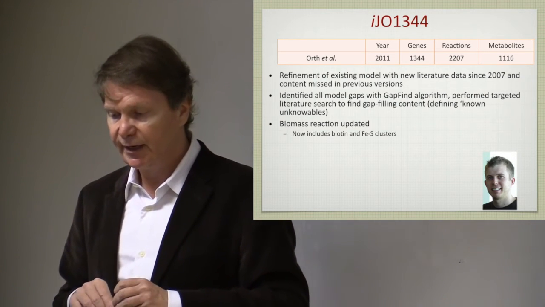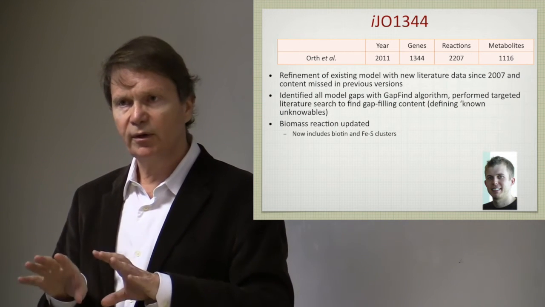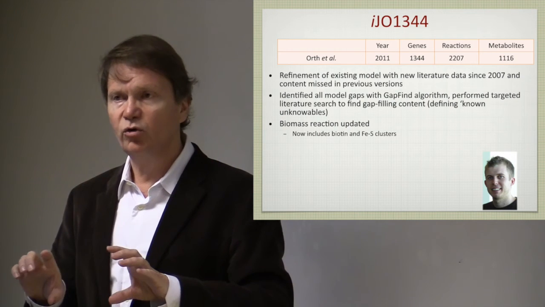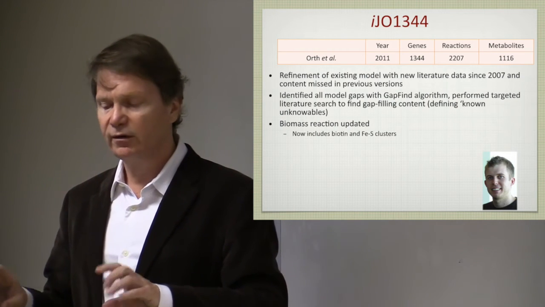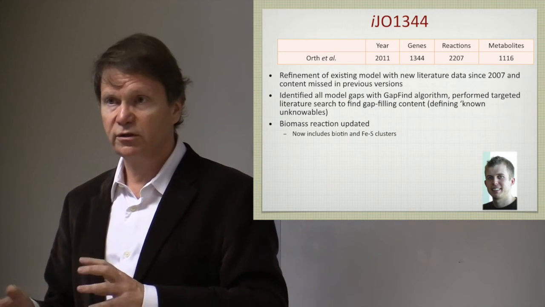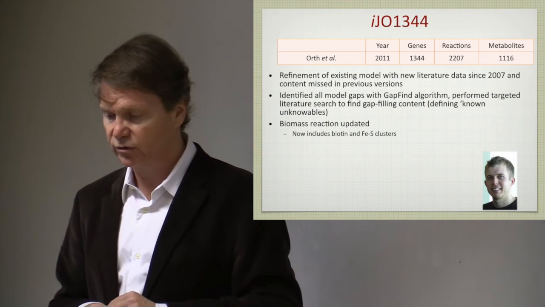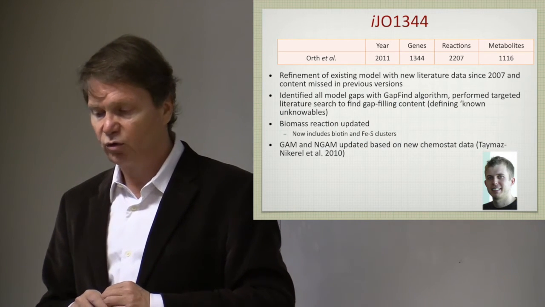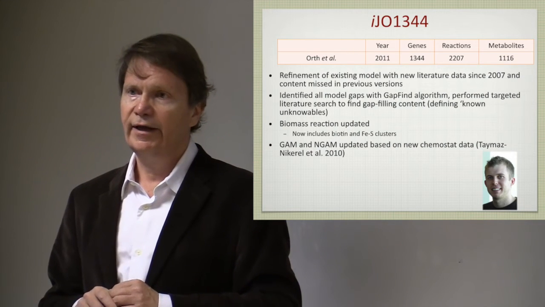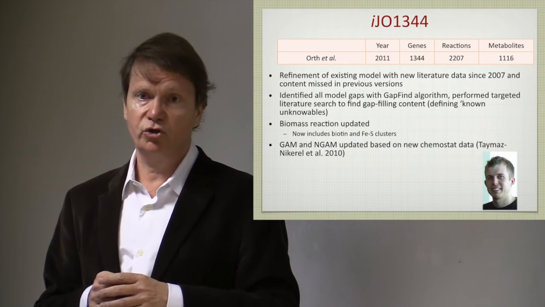He detailed the biomass requirement a little bit. Remember, we talked about the third stage of the biomass function. We're getting into the prosthetic group requirement and the details. He, for instance, put in the assembly of iron sulfur clusters and how they're needed for certain chemical reactions. He looked at the growth-associated maintenance and non-growth associated maintenance in more detail. These are strain-specific parameters that need to be measured for your target strain.